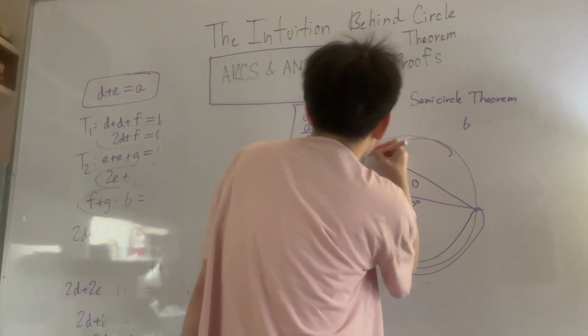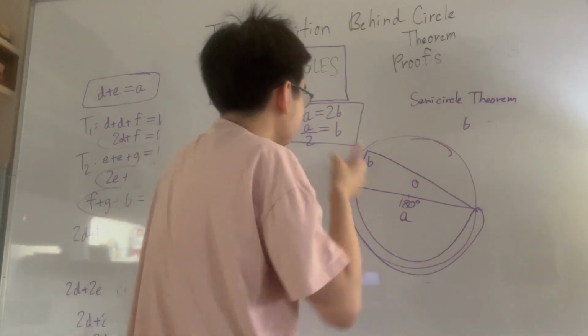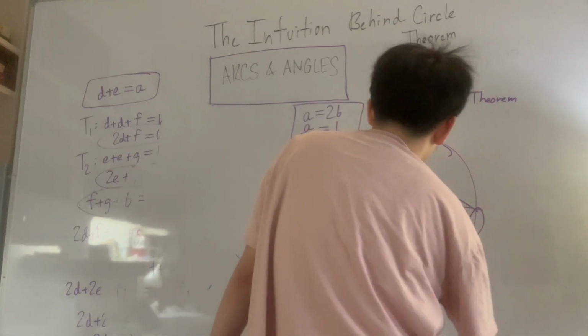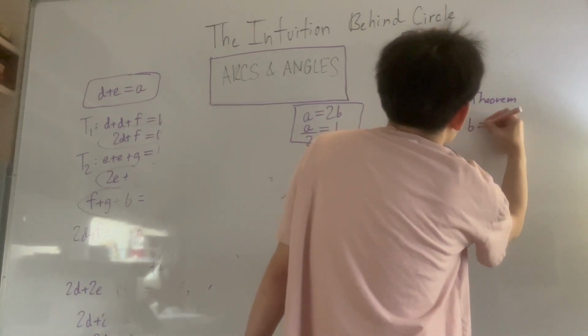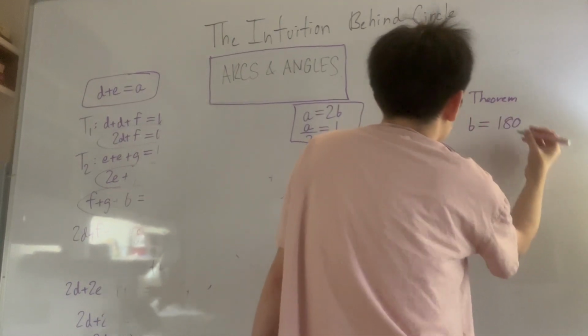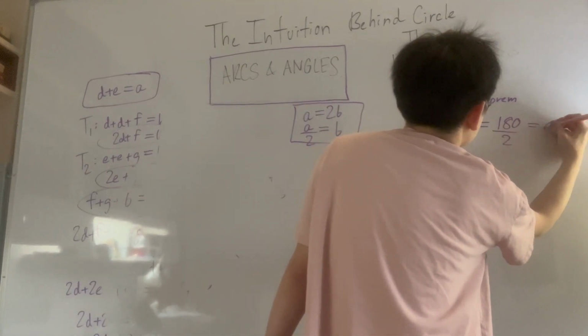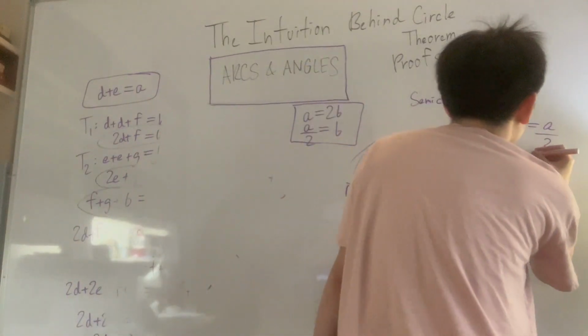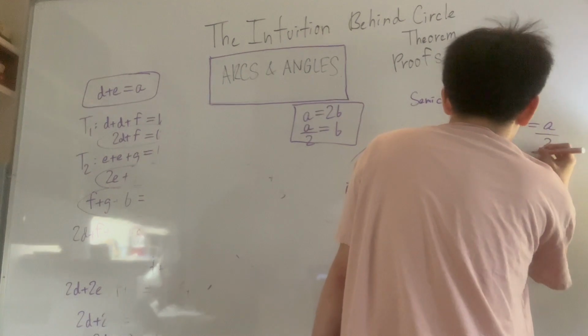This is angle A and this is angle B. B will essentially equal 180 divided by 2. It's A over 2 for the case where A equals 180. And that simply gives you 90 degrees.